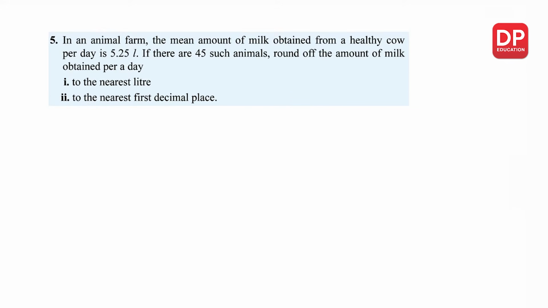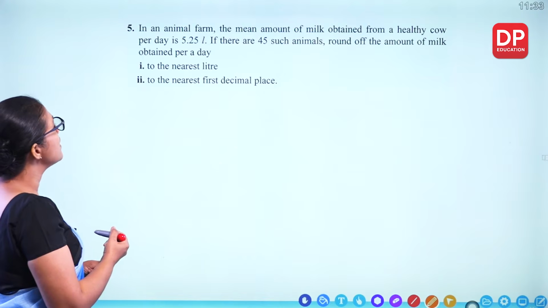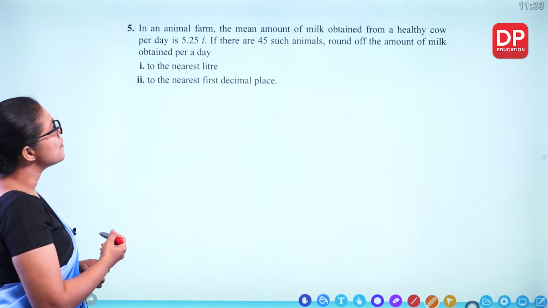Question number 5. In an animal farm, the mean amount of milk obtained from a healthy cow per day is 5.25 liters. If there are 45 such animals, round off the amount of milk obtained per day to the nearest liter and to the nearest first decimal place.